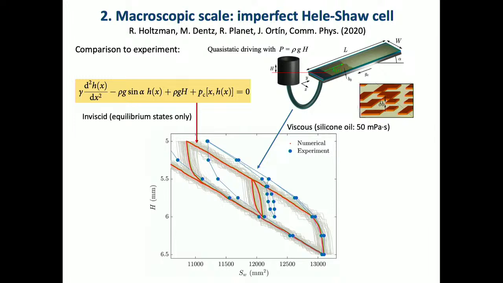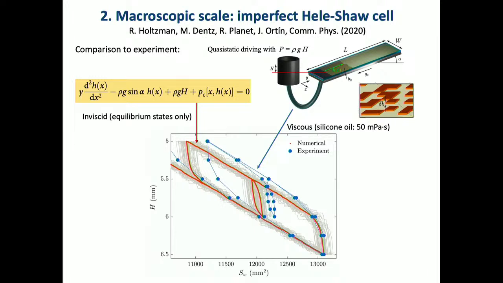So the red line here is the result of the average of many, many numerical simulations with different disordered realizations. And the blue dots are the experimental results under the same experimental conditions, right? Well, you can see that it's not too far away, but it's not exactly the same. And then we should start discussing the differences.